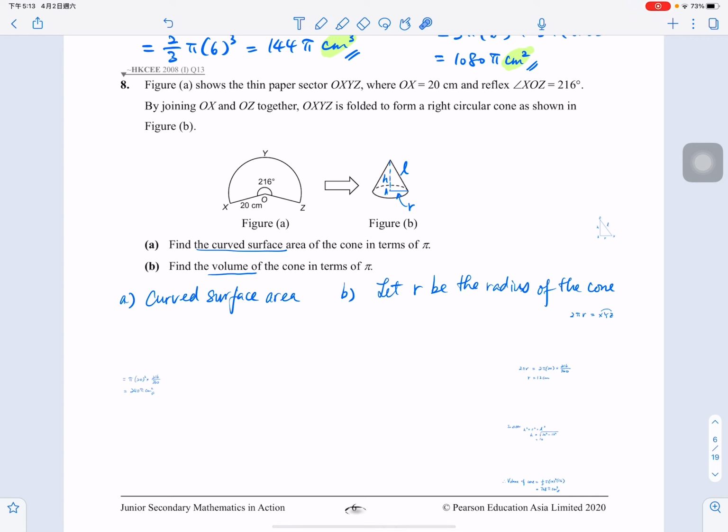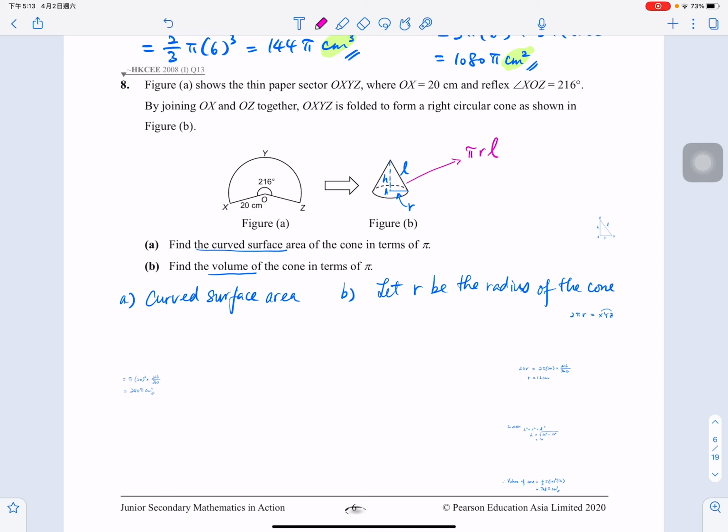Part A: Find the curved surface area of the circular cone in terms of pi. Part B: Find the volume of the cone, also in terms of pi. For part A, if you want to find the curved surface area, you know that is pi r L, right?